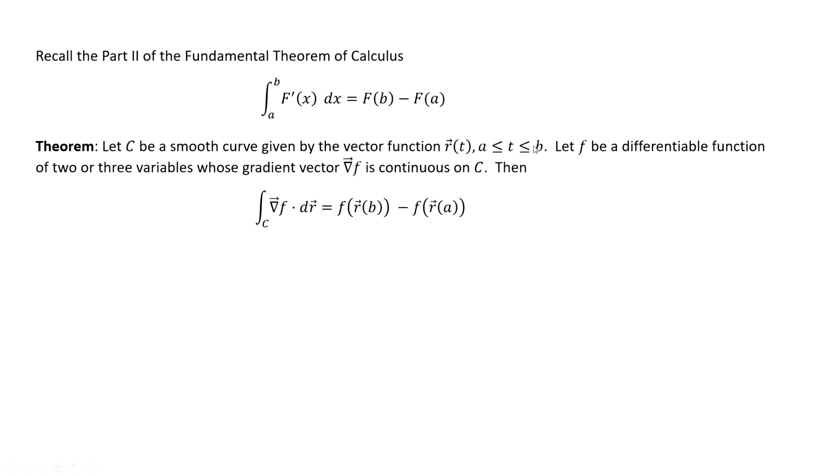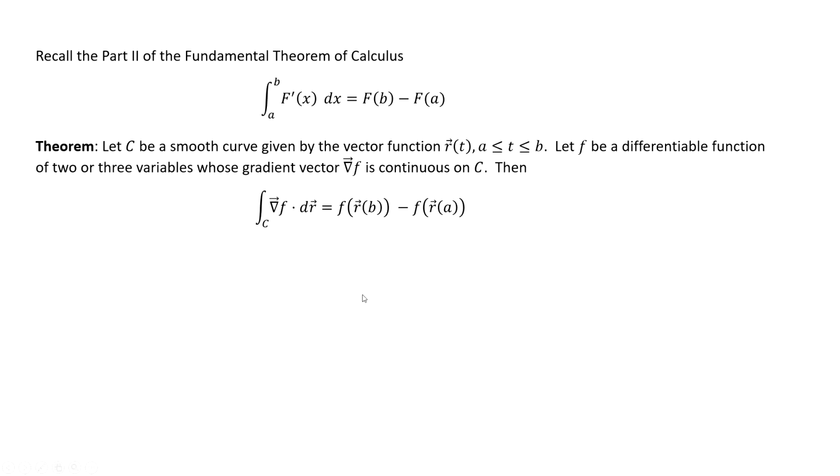That is the upper limit, b, and we find the position vector at t equals b, which is r of b. Evaluate the function f at that upper limit minus f evaluated at the lower limit. Cool. But notice, this has to be the derivative, the gradient vector del f. Who in the world is going to give you a gradient vector? Usually, problems won't be where you are given a nice del f and you have to integrate that.